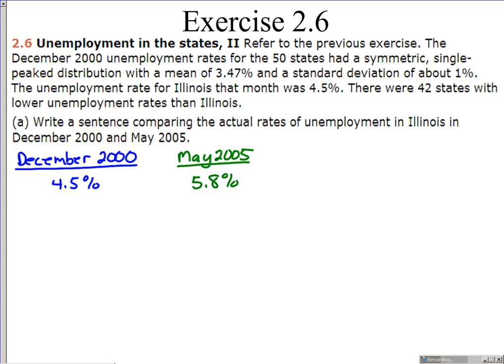We want to write a sentence comparing the actual rates of unemployment in Illinois, comparing December of 2000 to May of 2005.